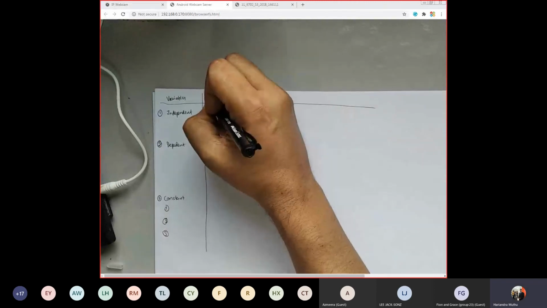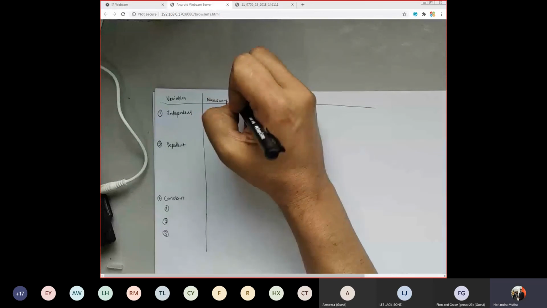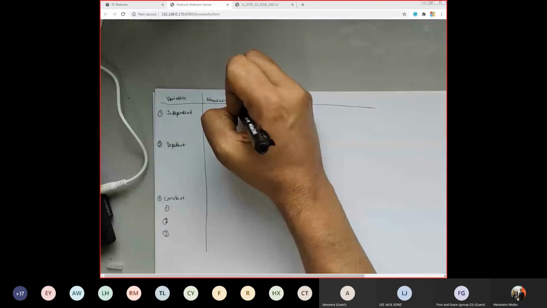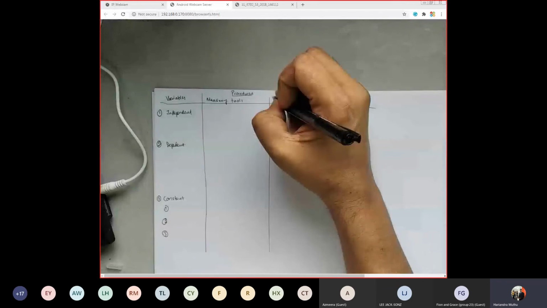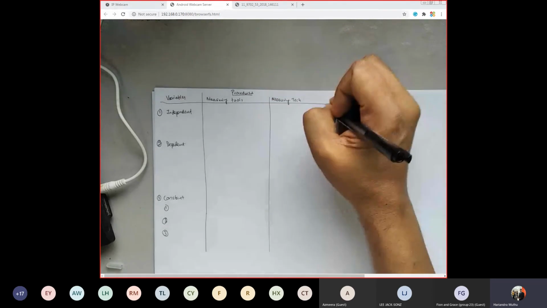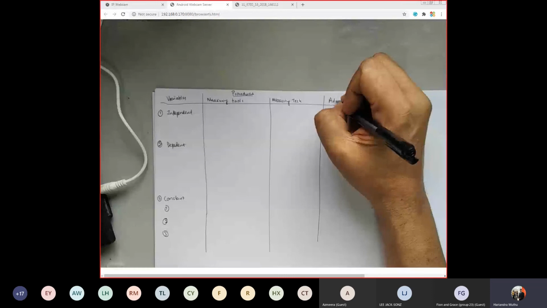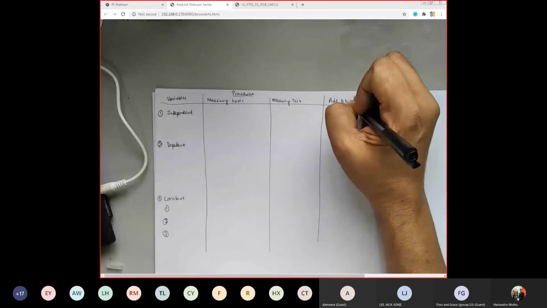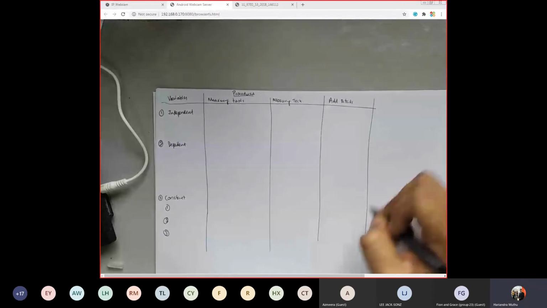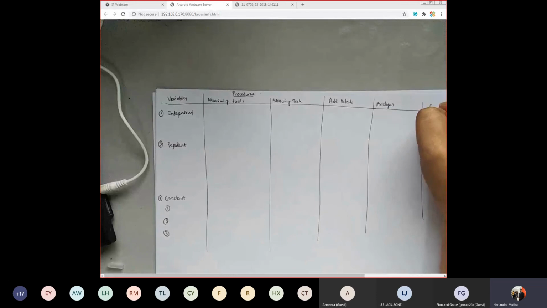One is the measuring tools, and the other one is the measuring technique, right? And then we have the additional details, and then we have the analysis, and lastly is the safety.